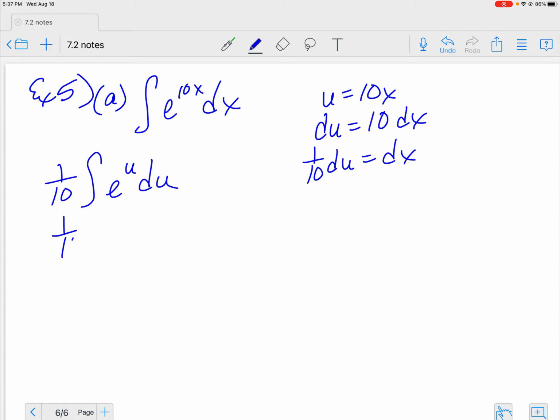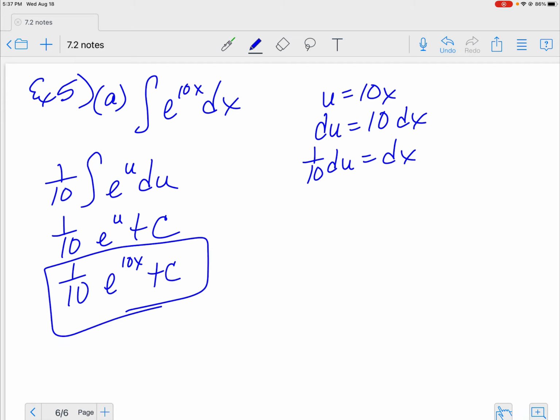So we know the antiderivative is still the same. So this is e to the u plus c, and then we u sub back in: e to the 10x plus c. Right? Now, here's what I expect you to be able to do.